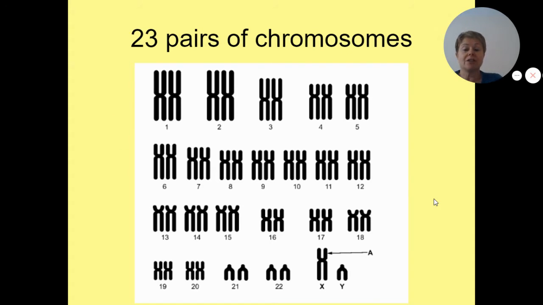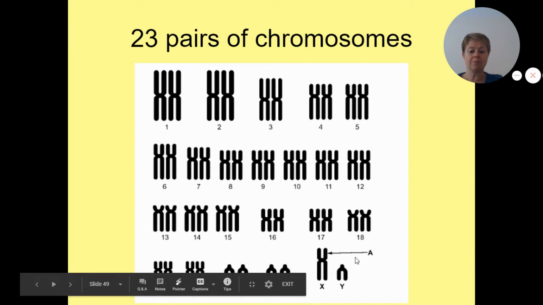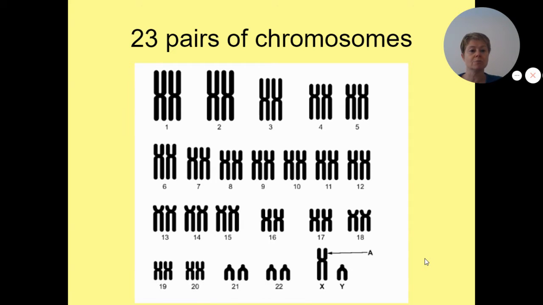So scientists have actually looked at the chromosomes in human cells, and the pairs look something like this. So you'll notice that the pairs are numbered from 1 to 22. And then right at the bottom of the screen here, our 23rd pair is known as the sex chromosomes, because it is these chromosomes that determine whether you are biologically male or female at birth.